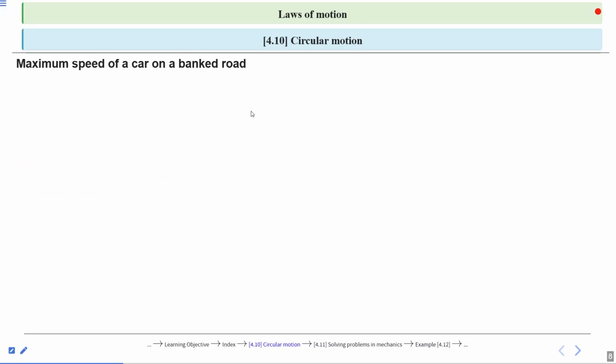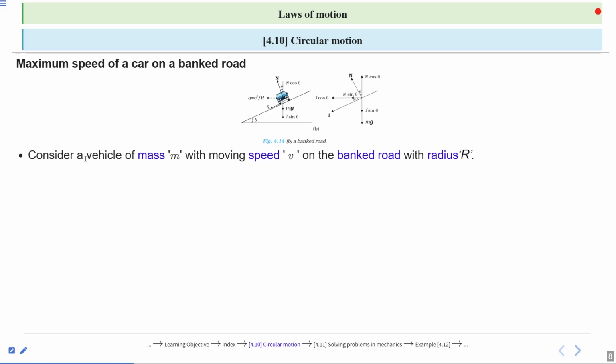Another factor, if we talk about a banked road, so let's see the maximum speed of a car on a banked road. Now we will derive the equation for maximum speed. Consider a vehicle of mass m.